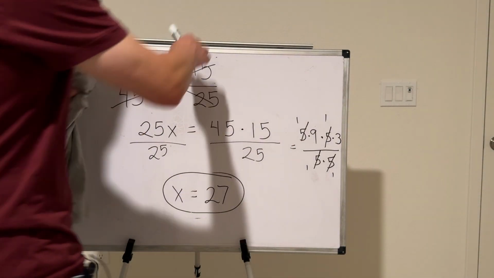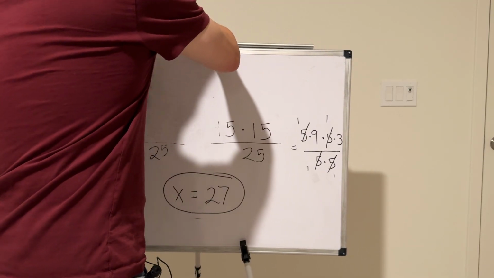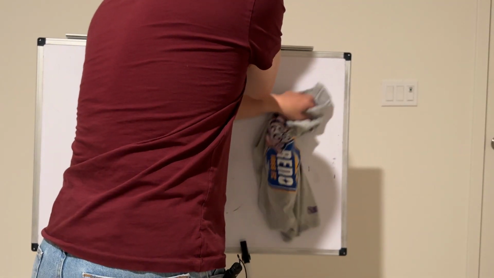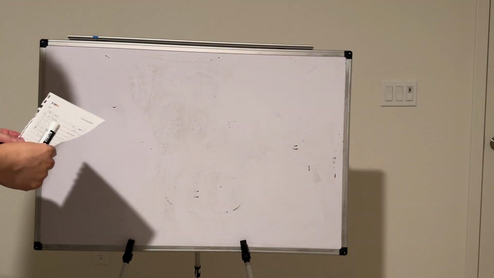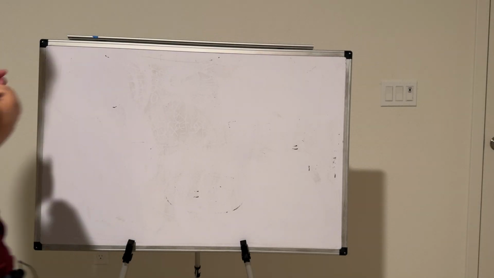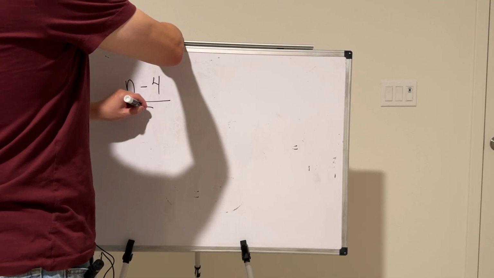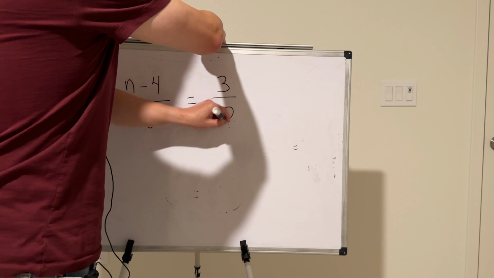All right, let's go on to another example. In this example, I have an algebraic expression, n minus 4 over 8 is equal to 3 halves.